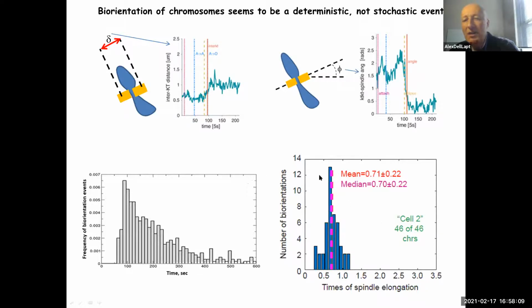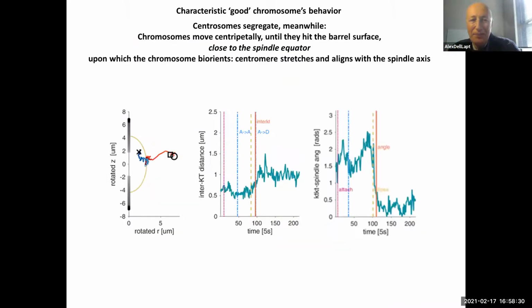There's a relatively narrow, Gaussian-like peak. So all the chromosomes are properly attached at once. The process is not stochastic, it's deterministic with some noise on top of it. That is the first experimental discovery.